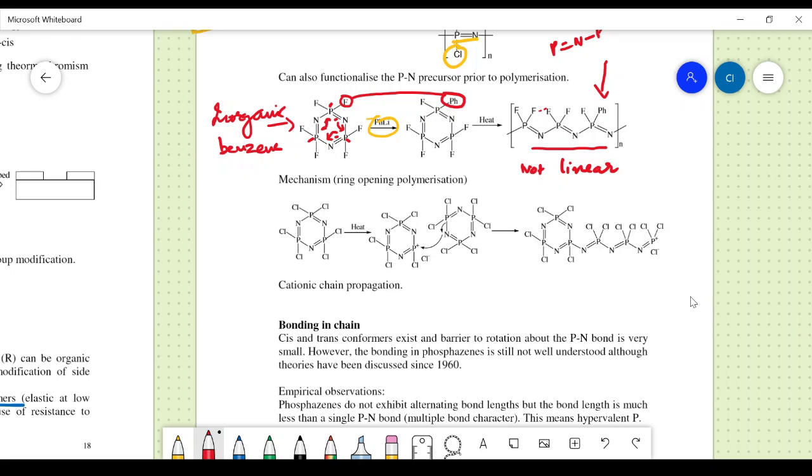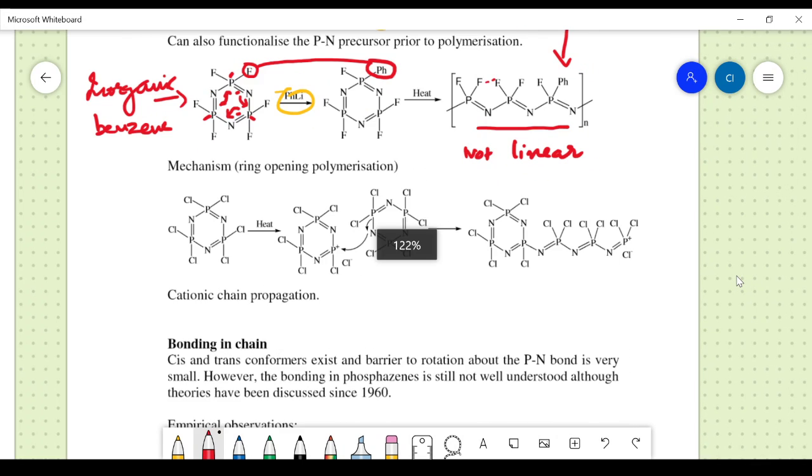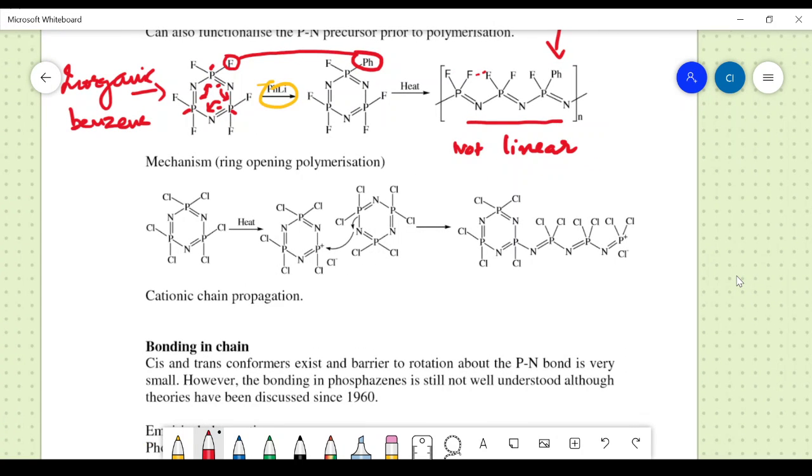Here it is, the mechanism of ring opening polymerization. As you can see, you are using this inorganic benzene and you are heating it. When you heat, any particular phosphorus, because you can see 1, 2, 3, 4, 5, here the phosphorus is pentavalent, but it becomes tetravalent with the formation of a cation here. This cation is facilitated by another attack from the particular bond there.